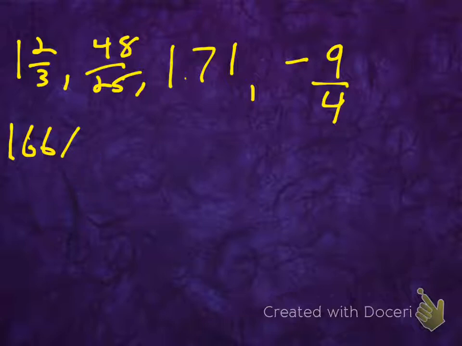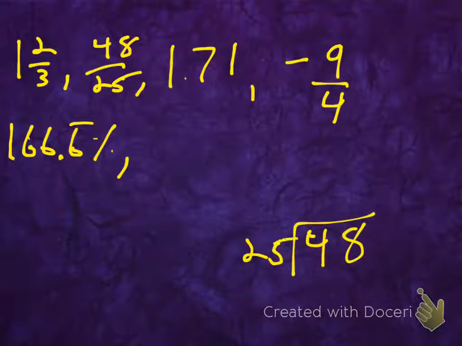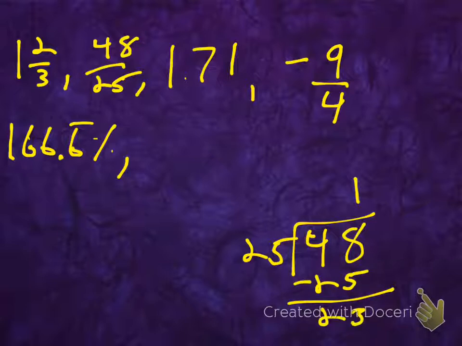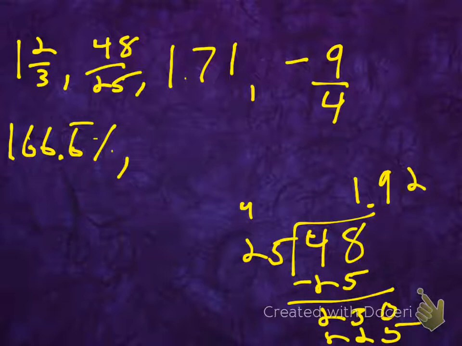We've got 48 over 25. That's 48 divided by 25. That gives me 1.92, or 192%.